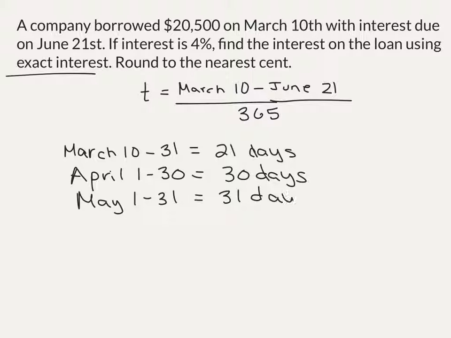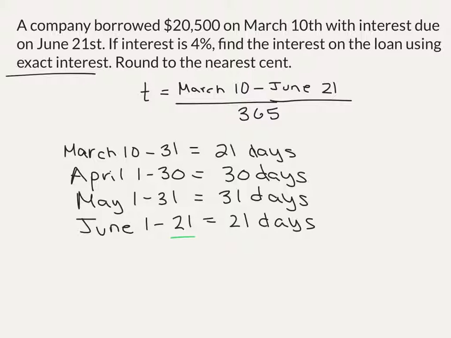And finally, June, we're going to count June 1st through June 21st, since that's the day the loan was paid. And we'll count the day the loan was paid, so all we do is look at that final number there. So there are going to be 21 days in June.